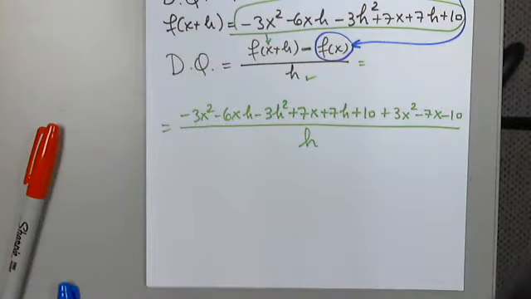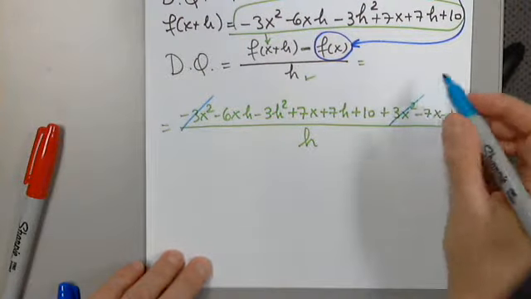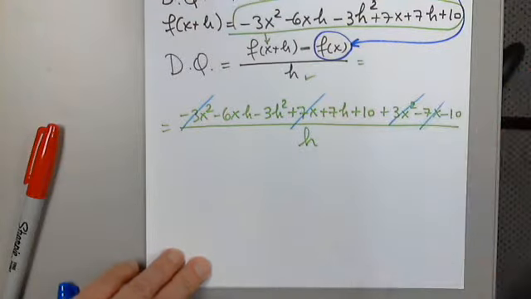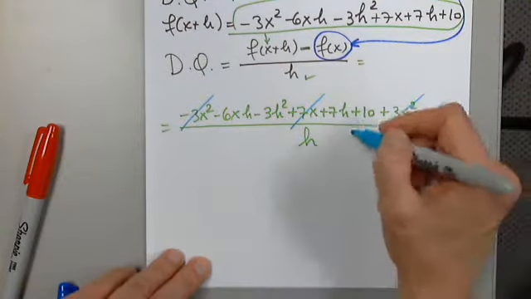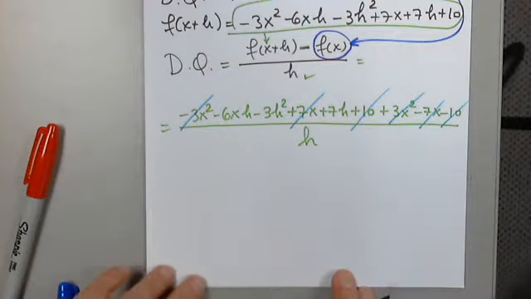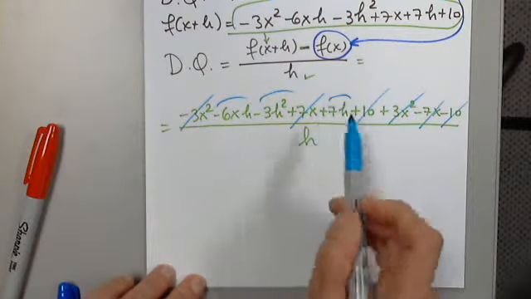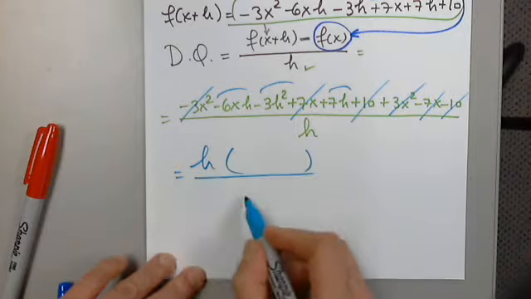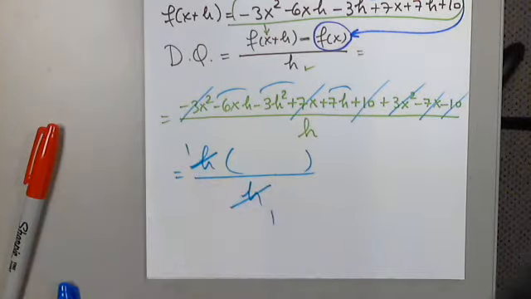Okay, let's see. Negative 3x squared with positive 3x squared, gone. Positive 7x with negative 7x, gone. Positive 10 with negative 10, gone. How many terms are still left? 3 terms. They all have something in common. Exactly. Awesome. And this is how the h in the denominator goes away.